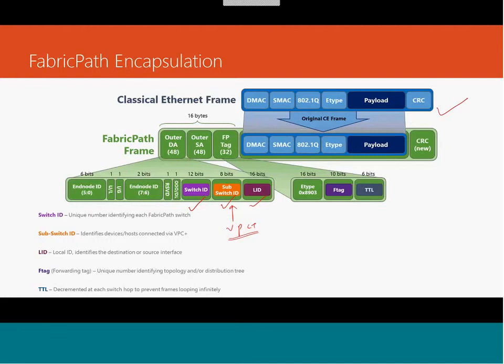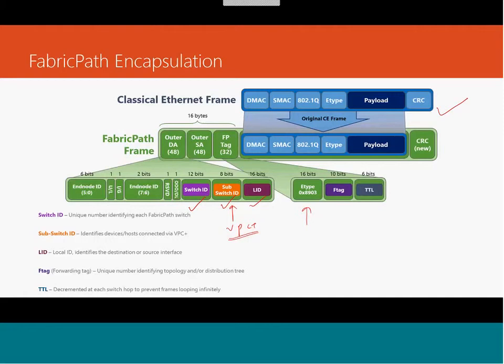Note that the Fabricpath Ethernet type is 0x8903. So if you do some kind of sniffer capture within the Fabricpath topology or within your network, and you capture the frames, if you see the Ethernet type as 0x8903, that means it is a Fabricpath frame, right?